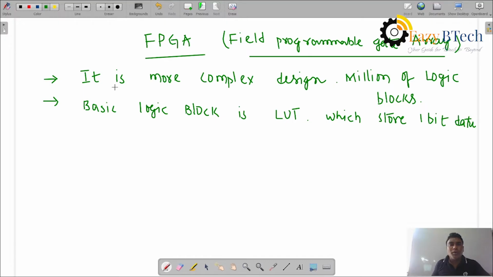So it is a more complex design, with millions of logic blocks.